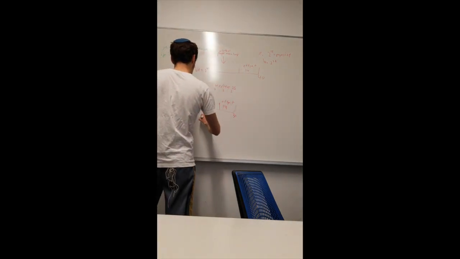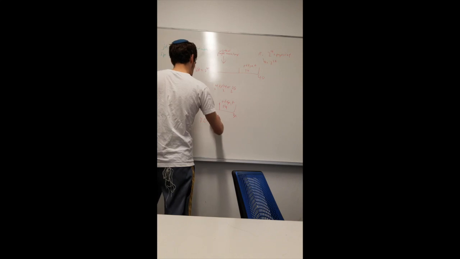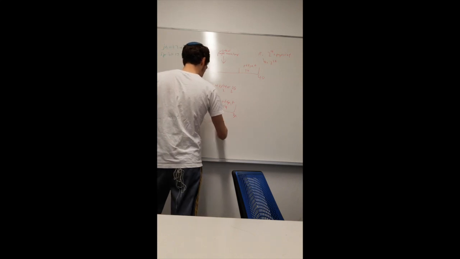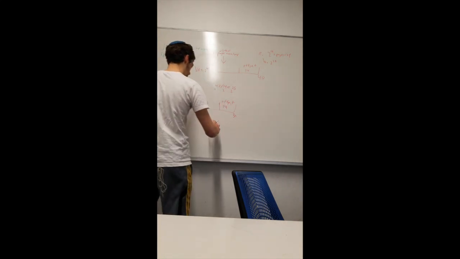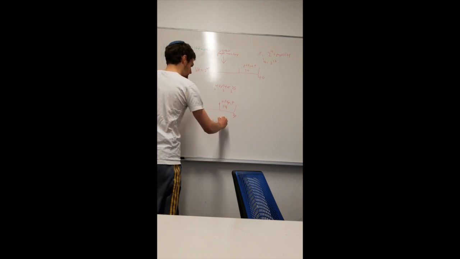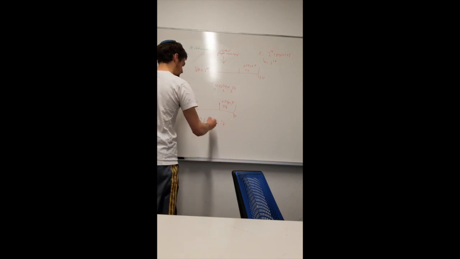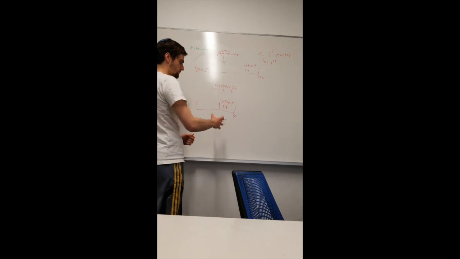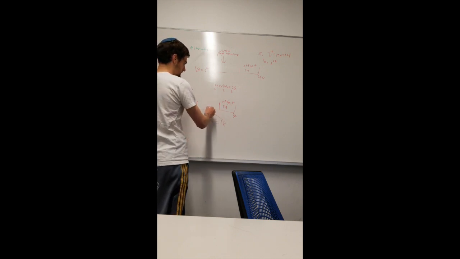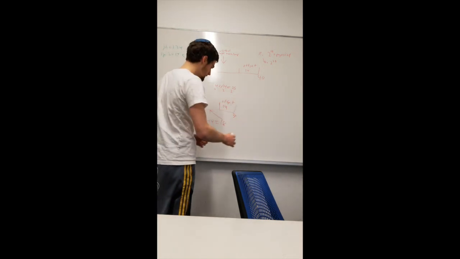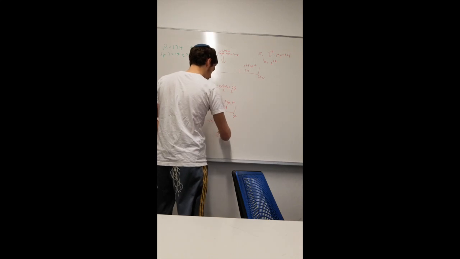So then again, this time 32 minus 14, which is 18. That's the 18 bits. So our number of entries is 2 to the 18.